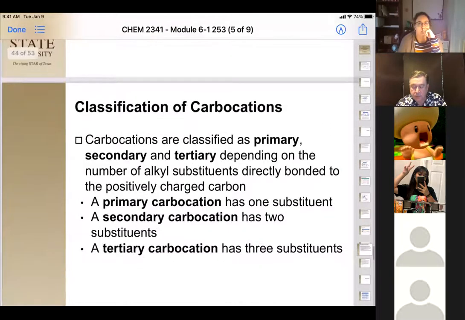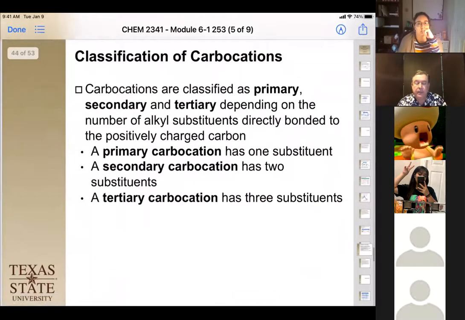Okay. So the first thing is we can classify carbocations by how many other carbons are attached to the carbon that has the positive charge. If there's one other carbon, or other thing, but typically it's carbon, that's what we call a primary carbocation. If there's two carbons attached to the carbon that has the positive charge, we call that a secondary carbocation. And if there's three carbons attached to the carbon with positive charge, we have a tertiary carbocation.